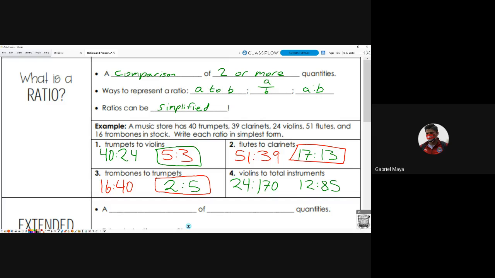And then you simplified it to 12 to 85. Okay. Give me a second. Red pen. Yes, 12 to 85.